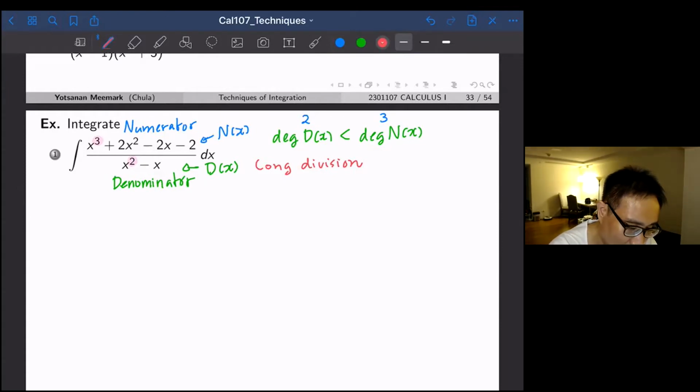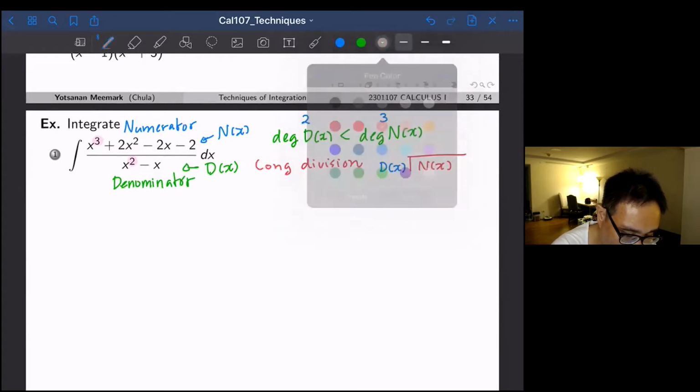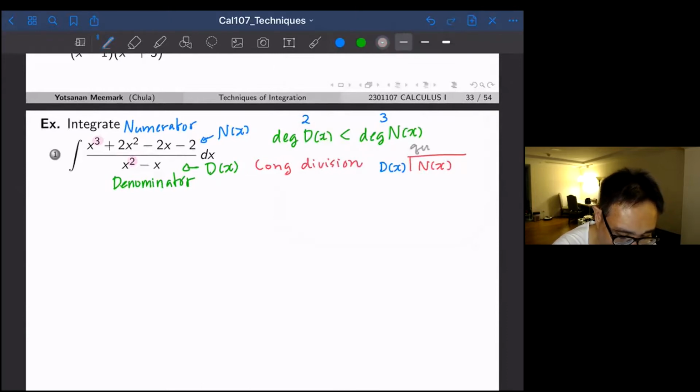For the long division, you put the numerator N(x) inside and the denominator D(x) outside like this, and you find the quotient that you put on top here. The thing that you have at the end is going to be the remainder.